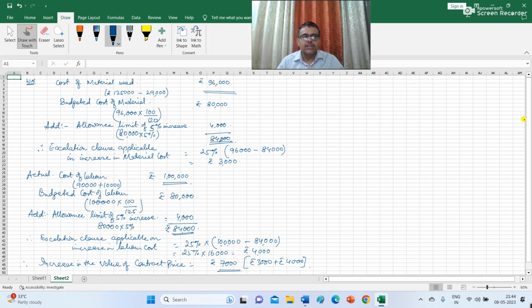Similarly, for the increase in the labor cost of 16,000 from the allowance limit of 84,000, there was an increase of 4,000 in the value of the contract price due to the increase in the labor cost. So actual labor cost incurred was 1 lakh and the budgeted labor cost was 80,000. 1 lakh multiplied with 100 and divided by 125 because there was an increase of 25% in the cost of labor from the budget.